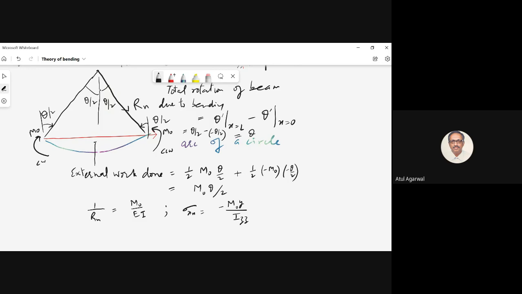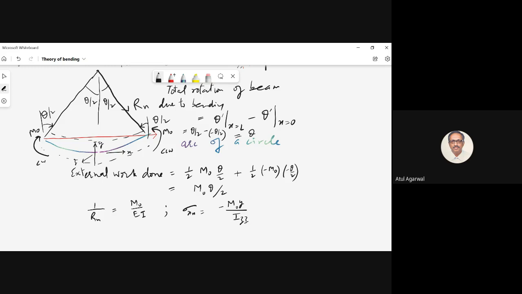This is the direction of positive y. So at the top surface you have contraction, you have a compressive stress. At the bottom surface you have a tensile stress. Basically, not at the surface; the top fiber is in compression, the bottom fiber is in tension.